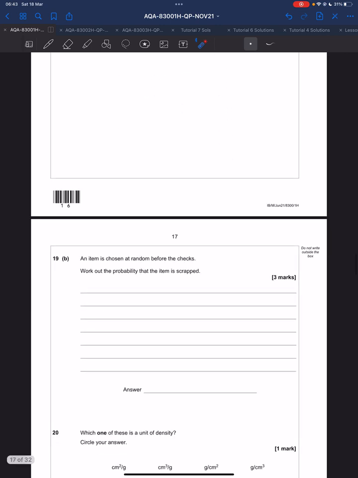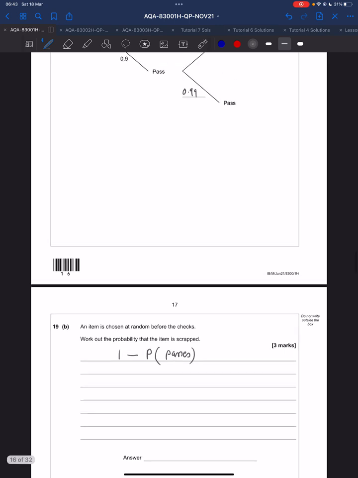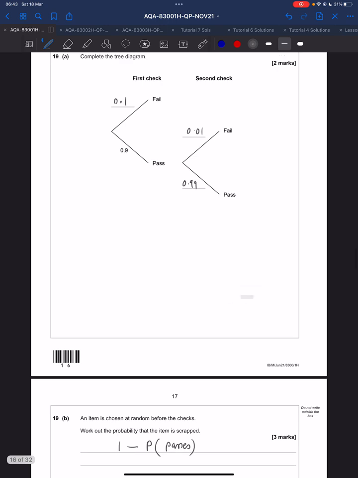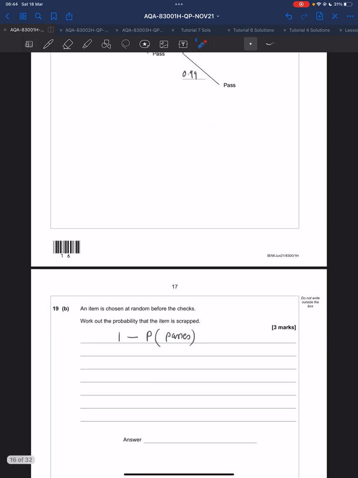What I would do for this one, I would do it as 1 minus the probability that it passes, because that 0.1 comes from this 0.9, and then this one here is not going to be 0.11. So we work out the probability that it passes, and we'll do 1 take away that.